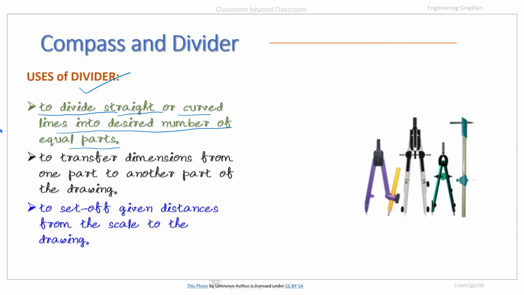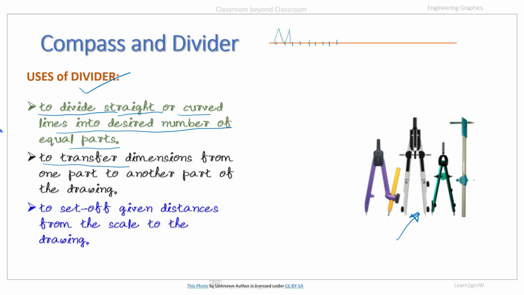So for example, say we have a line and we want to divide it into equal parts. Then it can be done with the help of a divider. This divider can be set to the required distance or dimension, and accordingly this divider can be used to divide these lines.